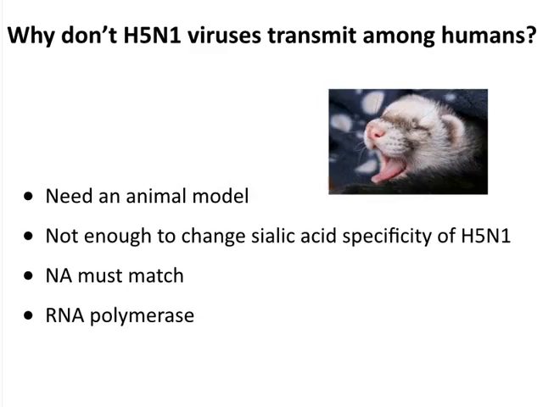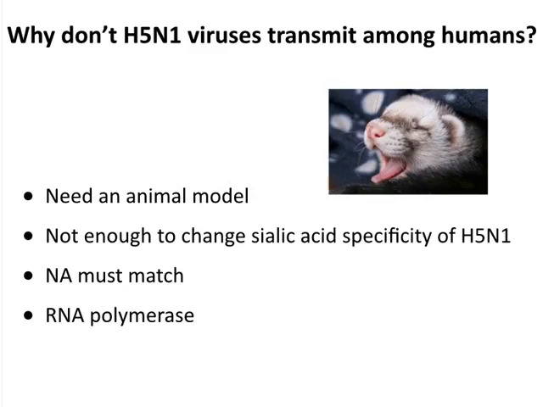Ferrets are believed to respond to influenza better than any other animals that have been used, including mice or primates, amazingly, or guinea pigs. They have respiratory tracts similar to those of humans. They sneeze, they cough, they develop a fever, very much like human influenza. So they've been used to study transmission.